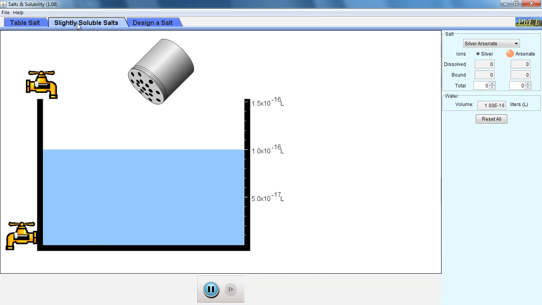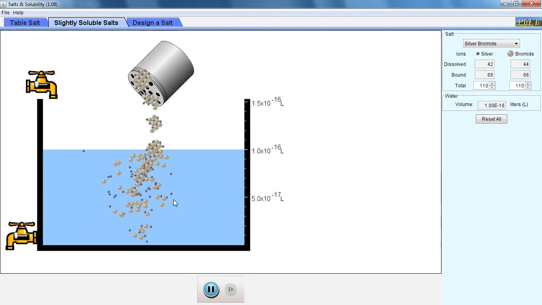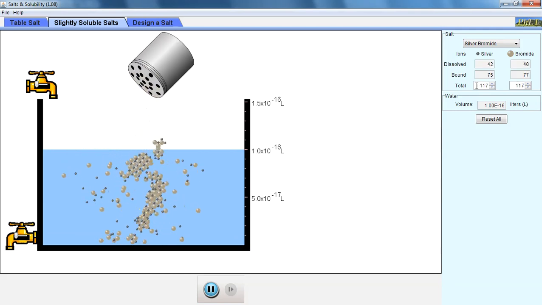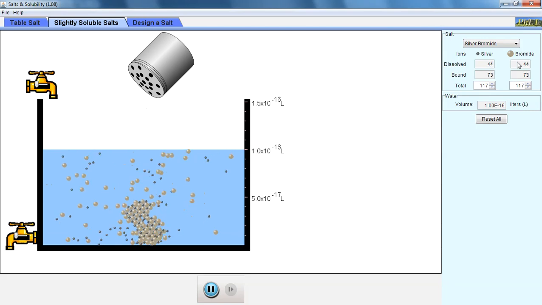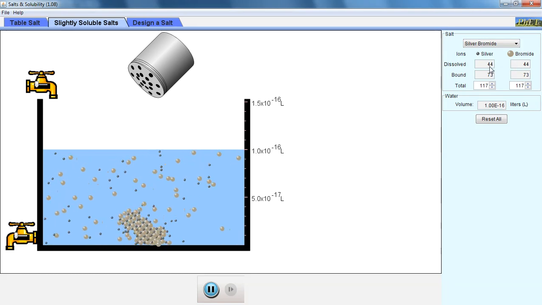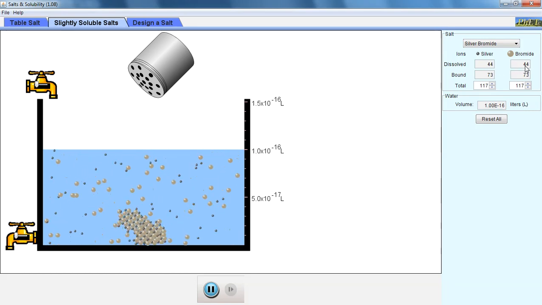We're going to explore now with slightly soluble salts. Remember we had sodium chloride, which is a 1:1 ratio, and we'll explore now silver bromide. Silver bromide, what do you think its formula would be? If you have a look, you can see it's also a 1:1 ratio of around 43:43.